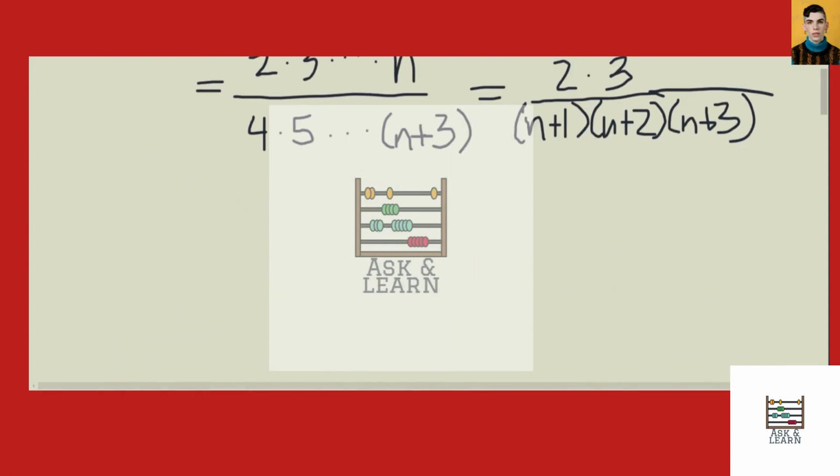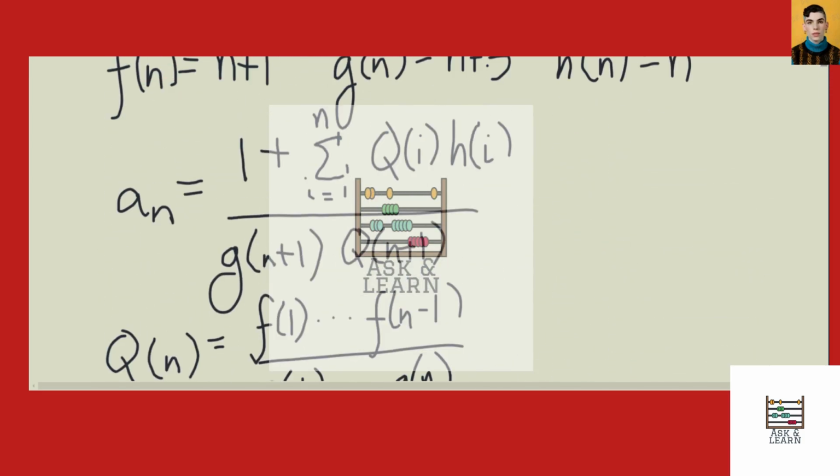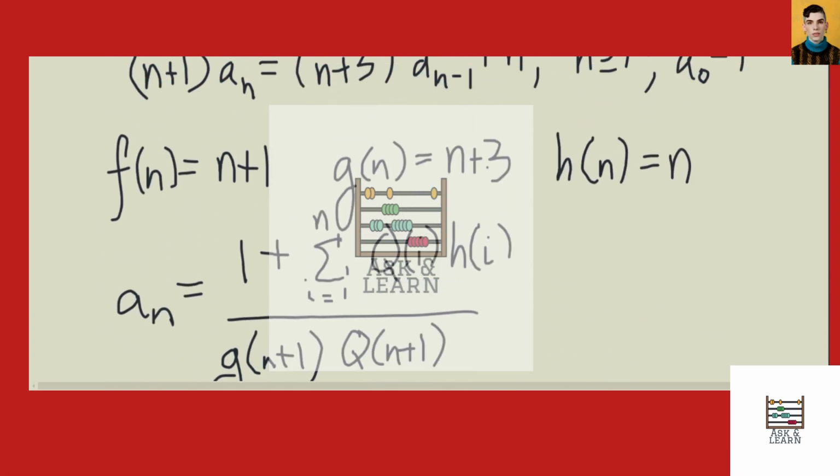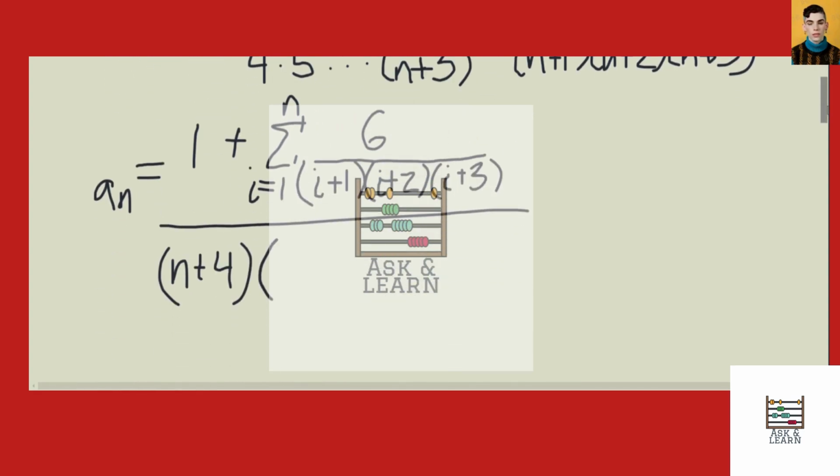And so we have that a_n is equal to 1 plus the sum from i equals 1 to n of 2 times 3, which is 6, over i plus 1 times i plus 2 times i plus 3, all over g(n plus 1), which we know is n plus 1 plus 3, or n plus 4, times q(n plus 1), which is 6 over n plus 2 times n plus 3 times n plus 4.